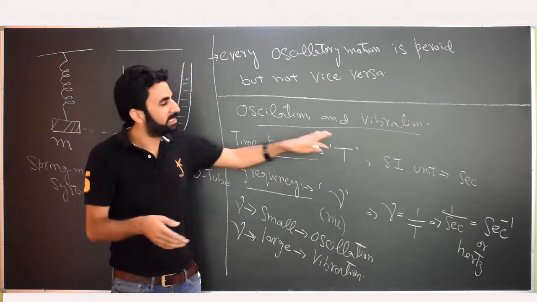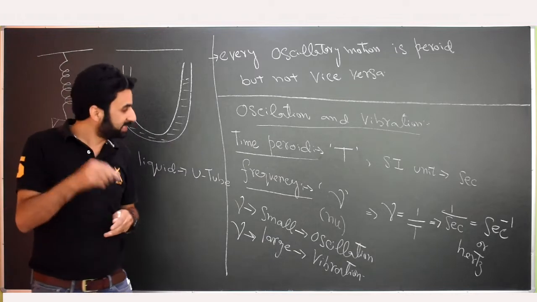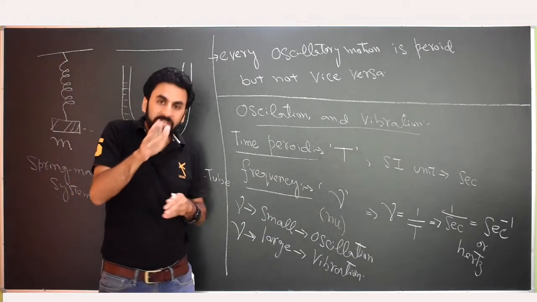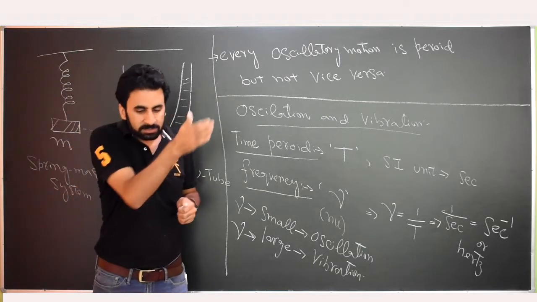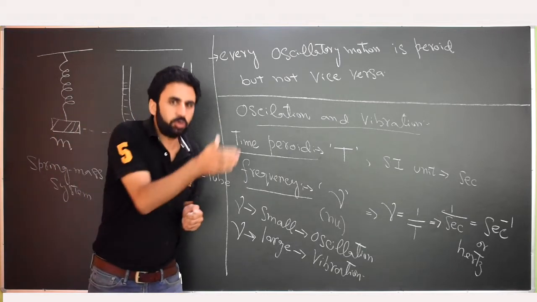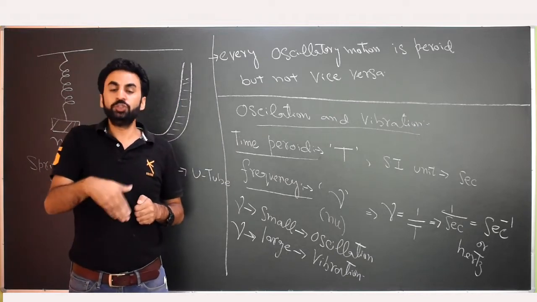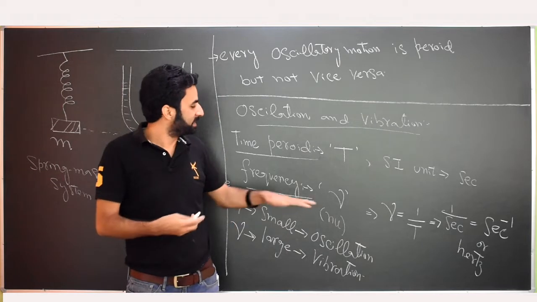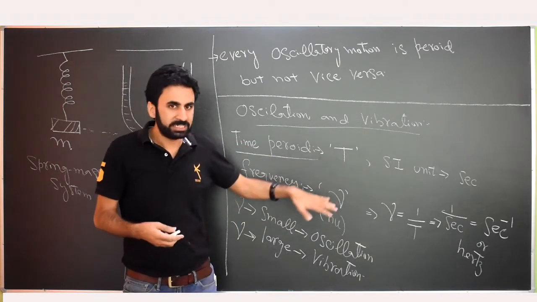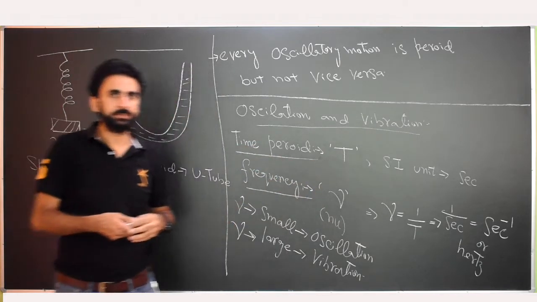But if the frequency is small, like a body moving this way, you may call it oscillation. Once the frequency is more, you call it vibration. So this is the essential distinction between oscillation and vibration.